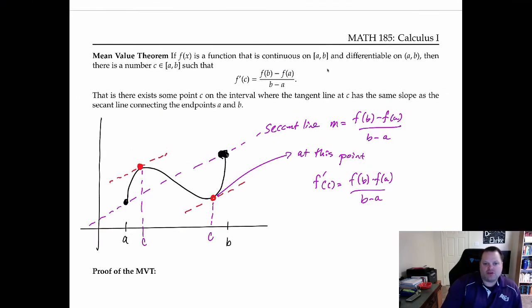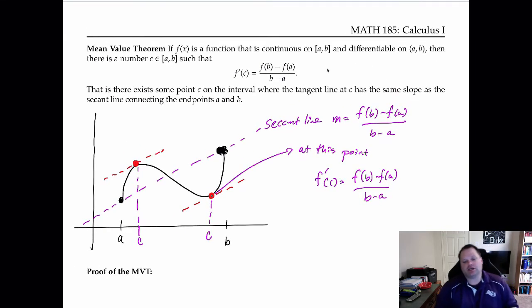You know, the mean value theorem also has a much better explanation in terms of real world sensibilities. This is saying that if you have a function and you have a starting point and an ending point, then whatever your average on that interval is, you must attain that average at some point. So think of it this way. I'm traveling by car from Austin to Dallas.